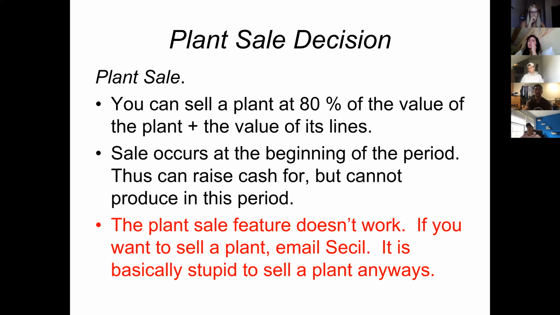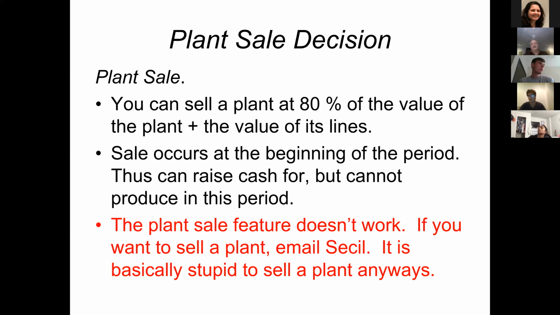You can sell a plant, and if you decide to sell a plant, the amount of money you'll get for it is 80% of the current value, the asset value of the plant and its lines. Sales will occur at the beginning of the period, so you can raise cash, but you can't produce.